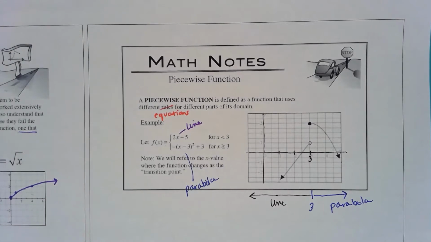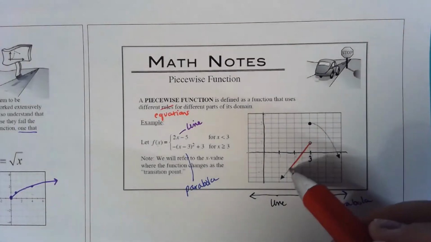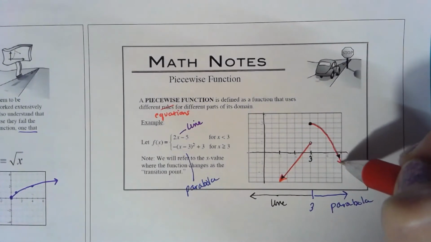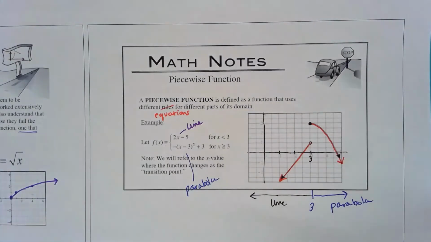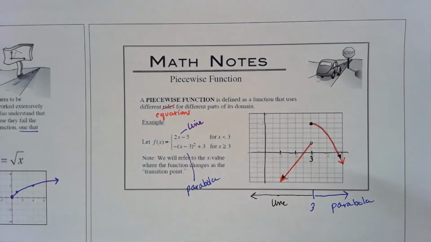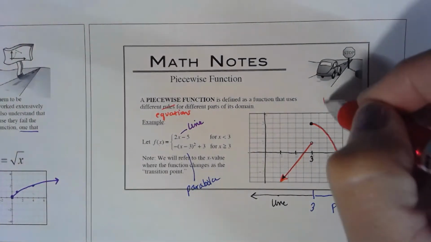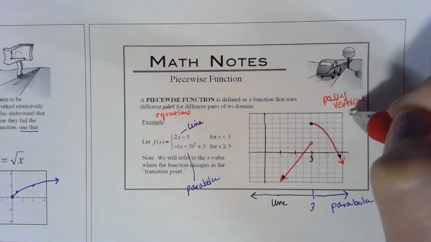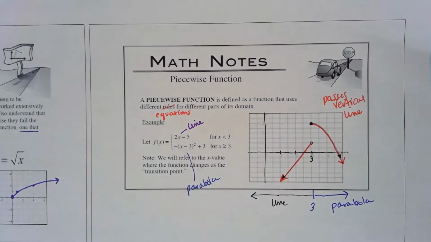Okay, so all together, this graph with these two pieces creates this piecewise function. It's still a function. It still passes the vertical line test, as they always will if it's a true piecewise function.